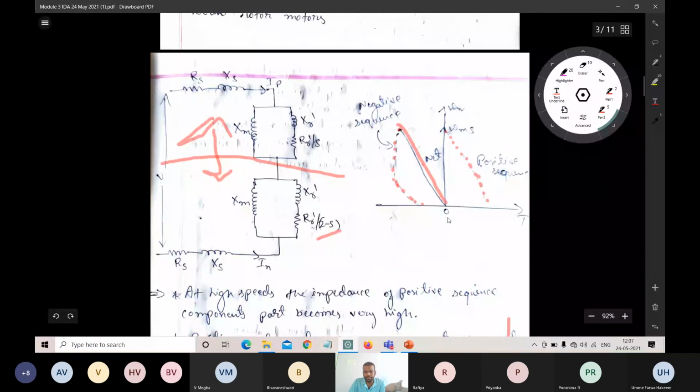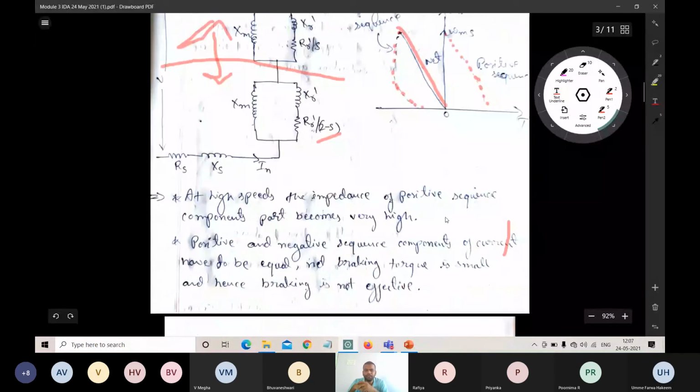So at high speeds, what happens? The impedance of the positive sequence components becomes very high at high speeds. Whenever the motor is rotating at high speed, the positive sequence component impedance will be very high.